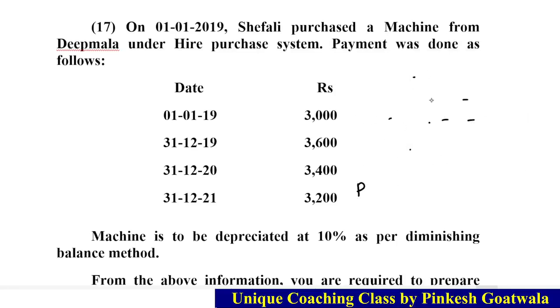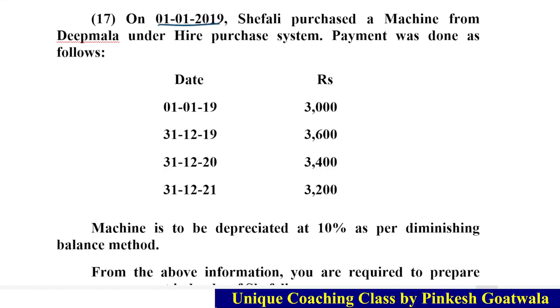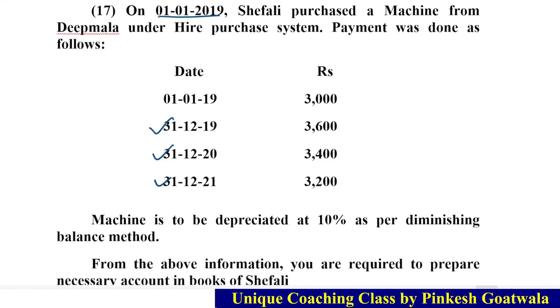First of all, let's write whatever is available. Let's give entries for whatever is there, then we will see what can be done next. So we have a purchase on 1/1/2009, and 3 installments are given. So let's give that effect.